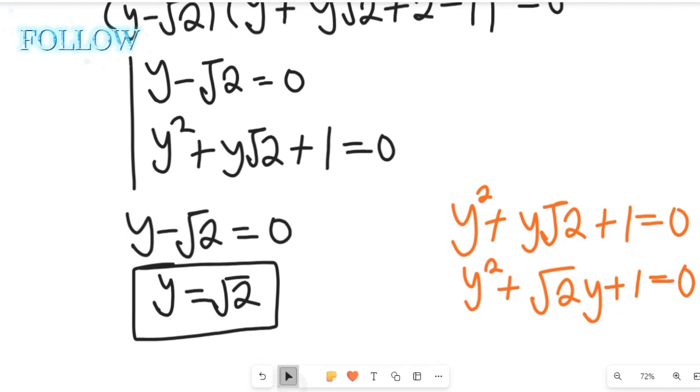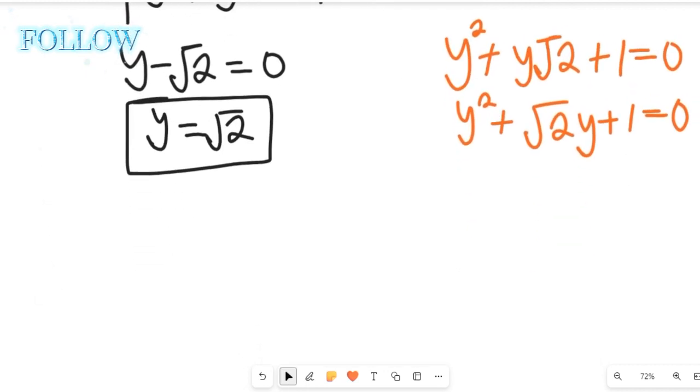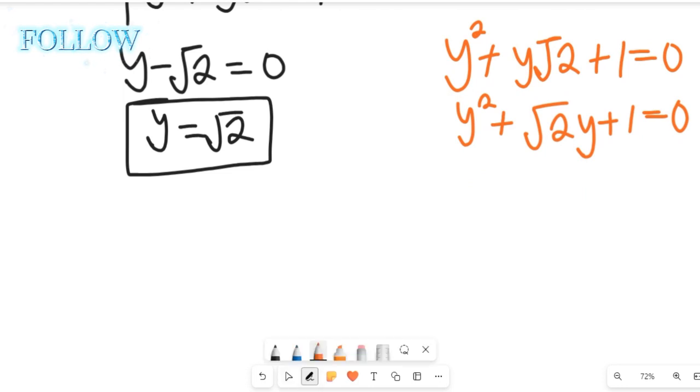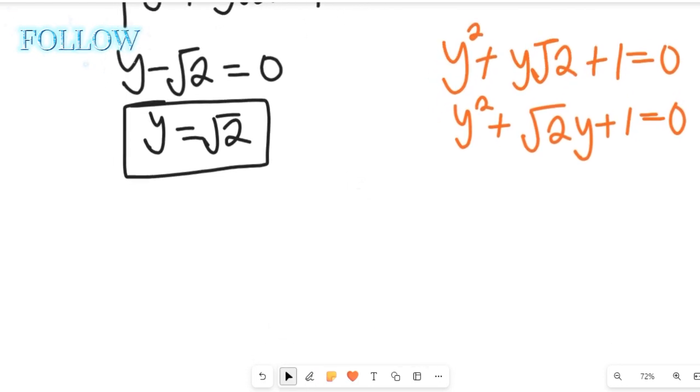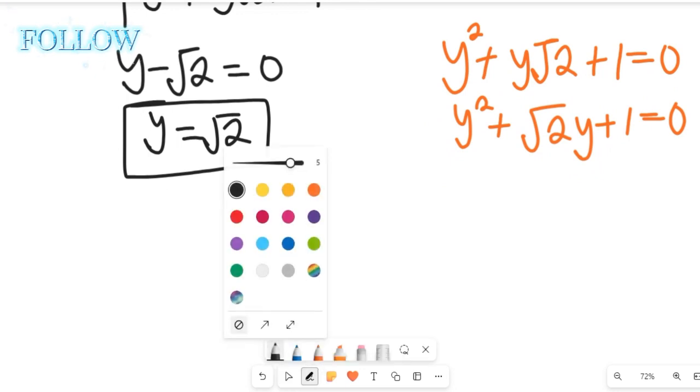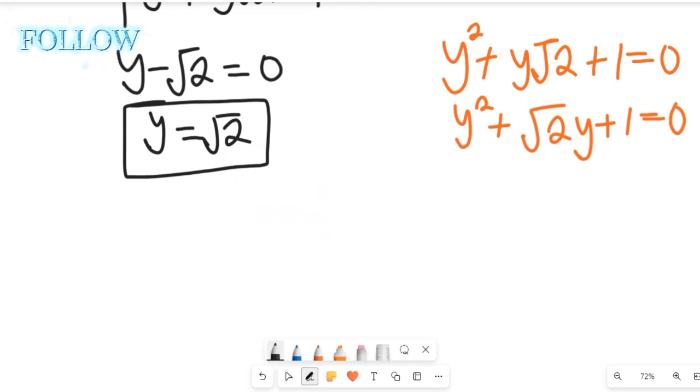So we'll solve that quadratic equation. But before we do that, let's find the discriminant of that quadratic equation. The discriminant of that quadratic equation will tell us if we can find real values to that quadratic equation. This will be equal to b squared minus 4ac.